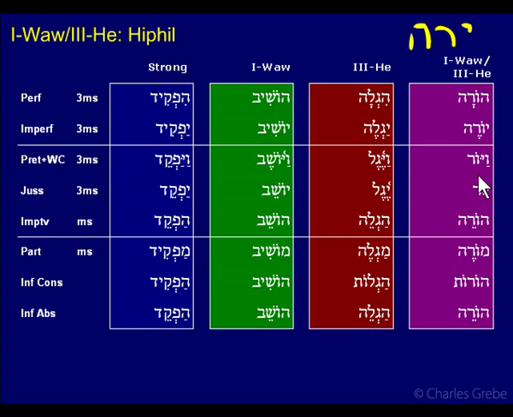And so what we end up with is kind of a 1.5 letter form, if you want to call it that. These two. We have the resh right here. We've lost the hey, and we have the first root letter, but it's not the yud. It's the historical vav. So if you remember that yara is really a first vav, and what you're looking for is a vav, then you can say, okay, I've got 2 letters.